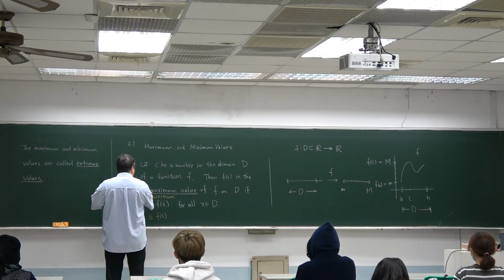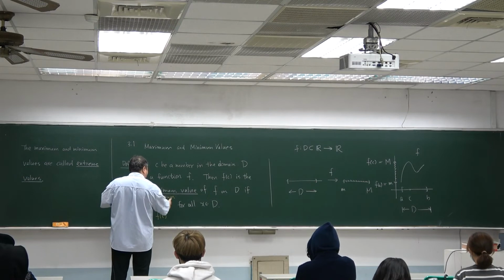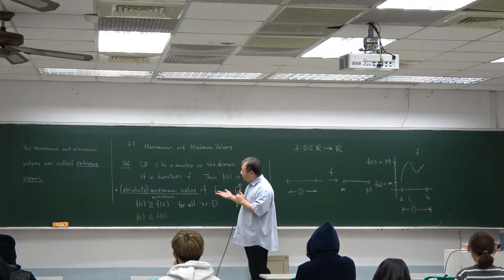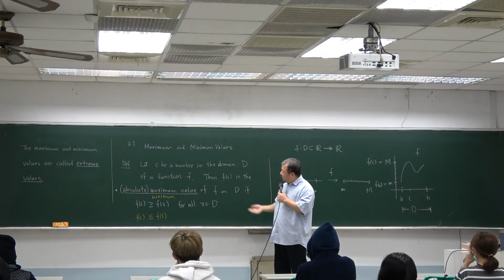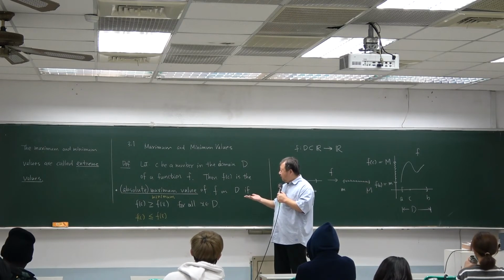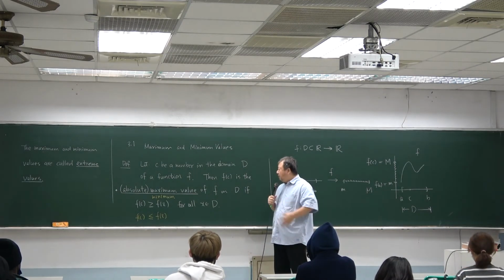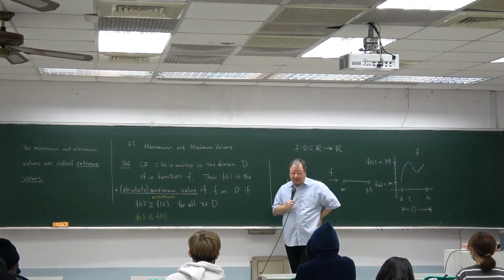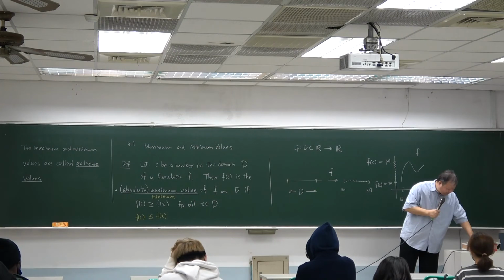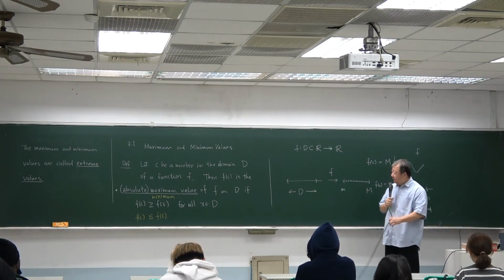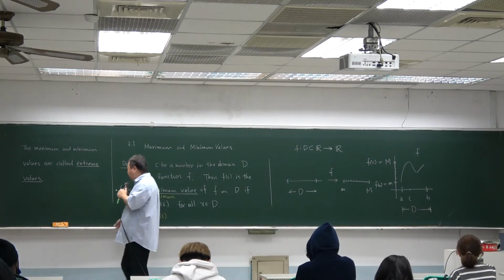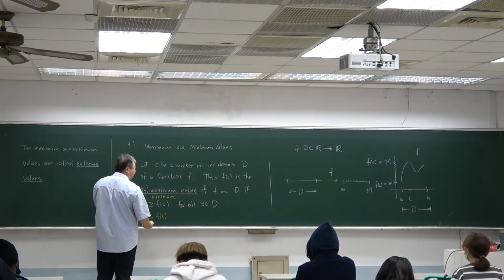In contrast to global or absolute maximum and minimum, we have another concept called relative maximum and relative minimum value, or local maximum or local minimum. So in contrast to absolute, we have relative.